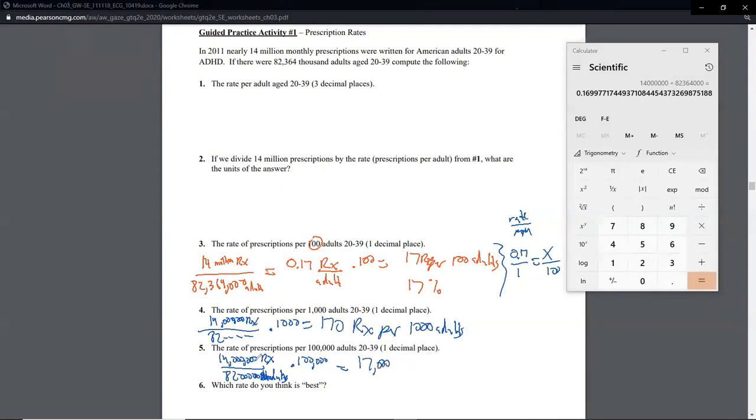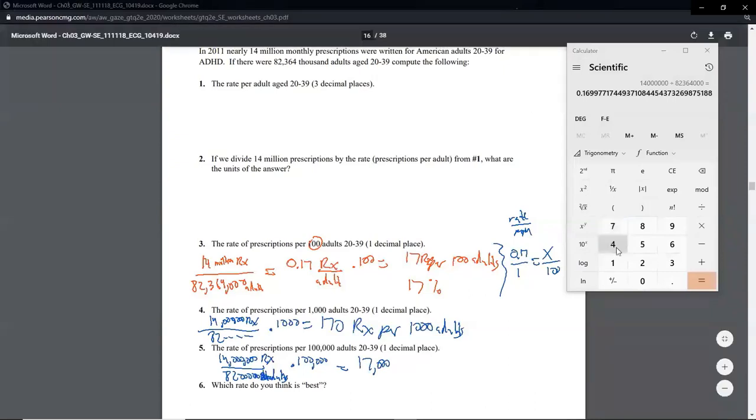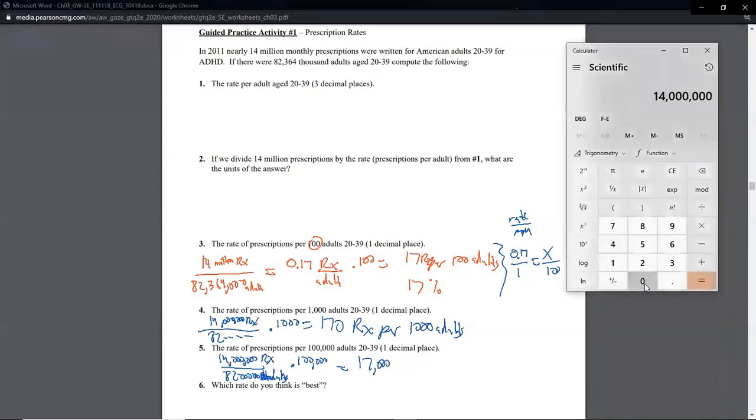But the thing is, when you scale to 1 decimal place, when you actually have this division, if you show it, let me come off of annotate, 14 million divided by the 82364,000, and then times the 100,000. There we go. The answer here, because you're multiplying by such a large number, all the decimals that were at the end of that 0.1699 number originally now are significant.